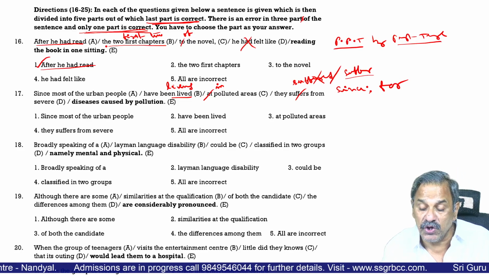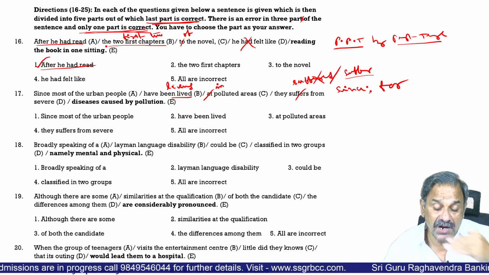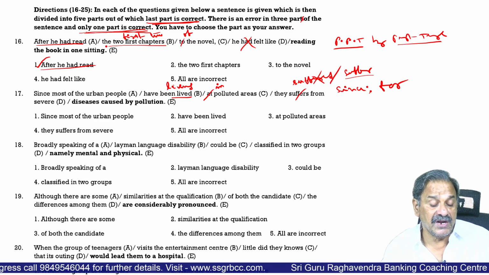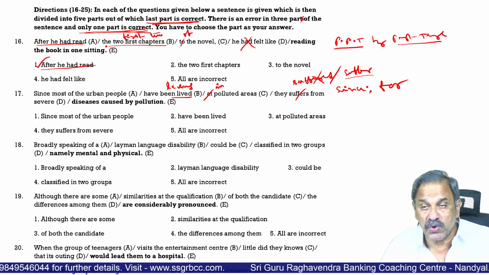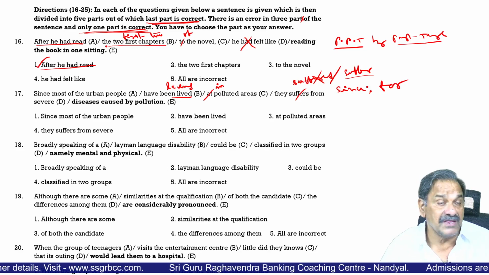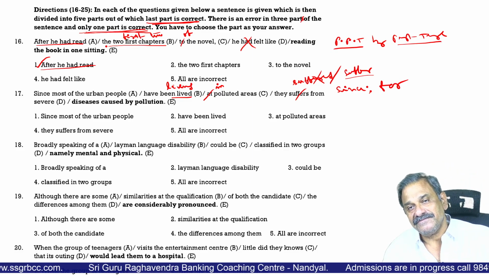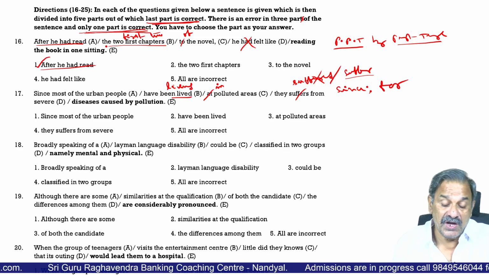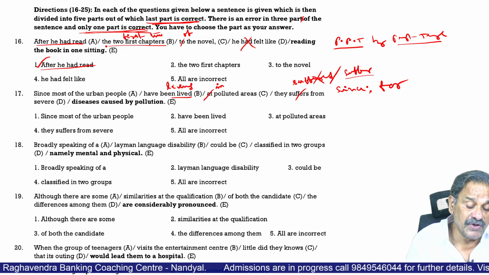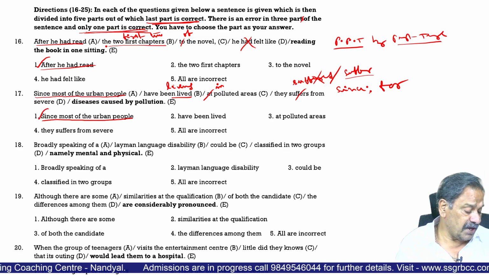'Diseases' is a noun, its modifier 'severe' is an adjective; 'severely' is an adverb. So errors are in the second, third and fourth parts. First part is flaw free.